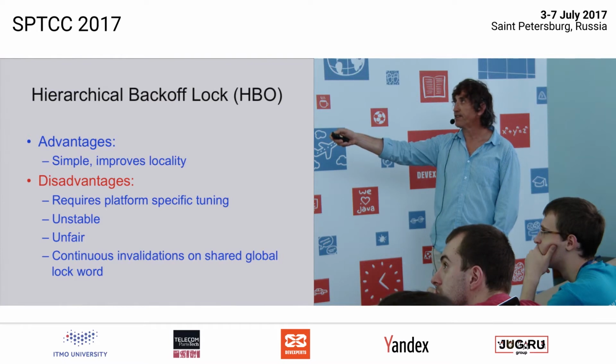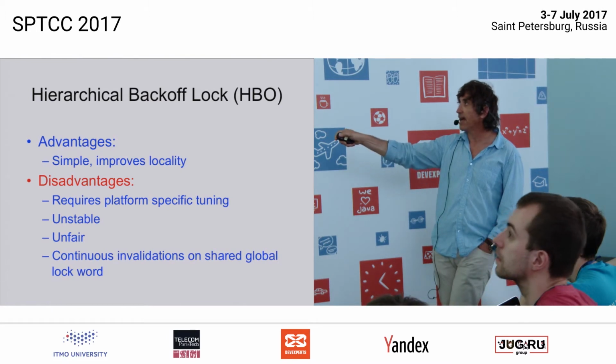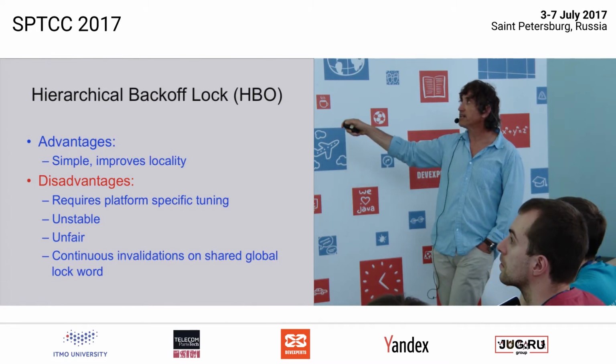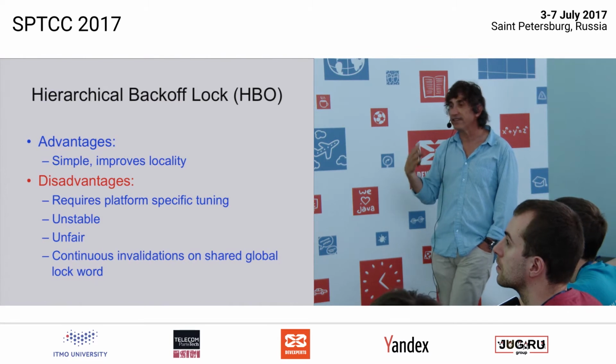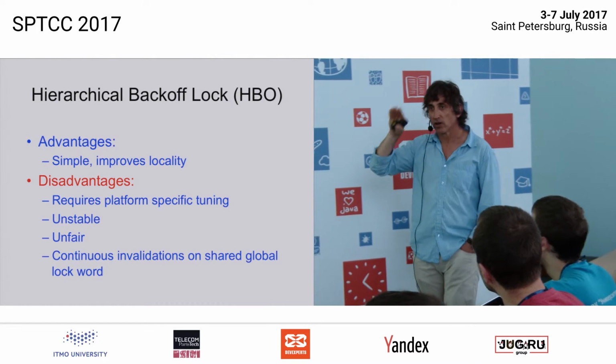I don't get a lot of fairness, of course. That's hard to do if I'm trying to be specifically unfair, and I still get a lot of threads accessing the same global variable.